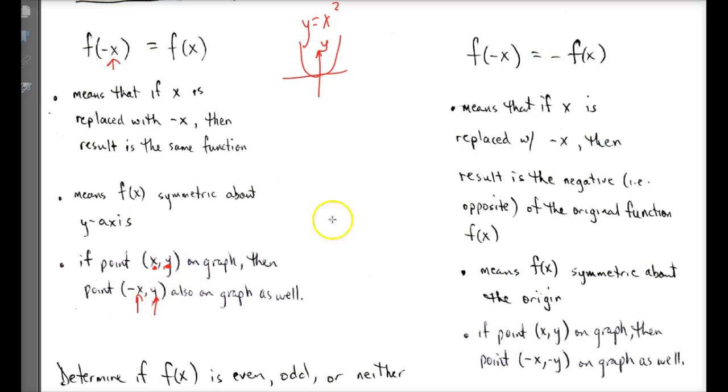Whereas for odd, we have this type of relationship, where if I plug a negative x into f of x, I get the negative of y. Or simply put, if I have a point (x, y) on the graph, then I know I also have a point (negative x, negative y) as well.